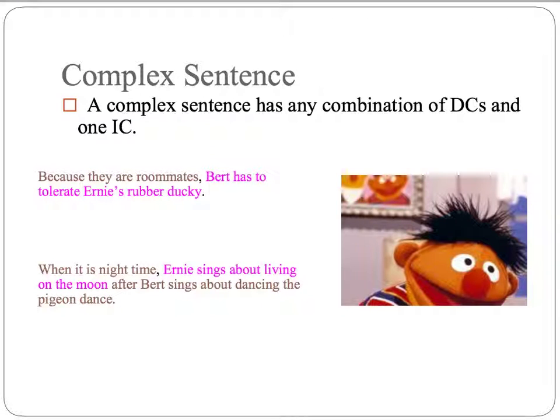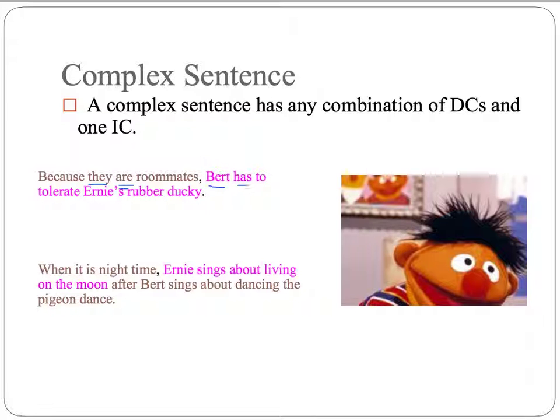Now let's talk about the complex sentence. A complex sentence has any combination of dependent clauses and one independent clause. "Because they are roommates" is a dependent clause. Even though it has a subject and a verb, it does not have a complete thought, so it needs an independent clause, just as we've been talking about.